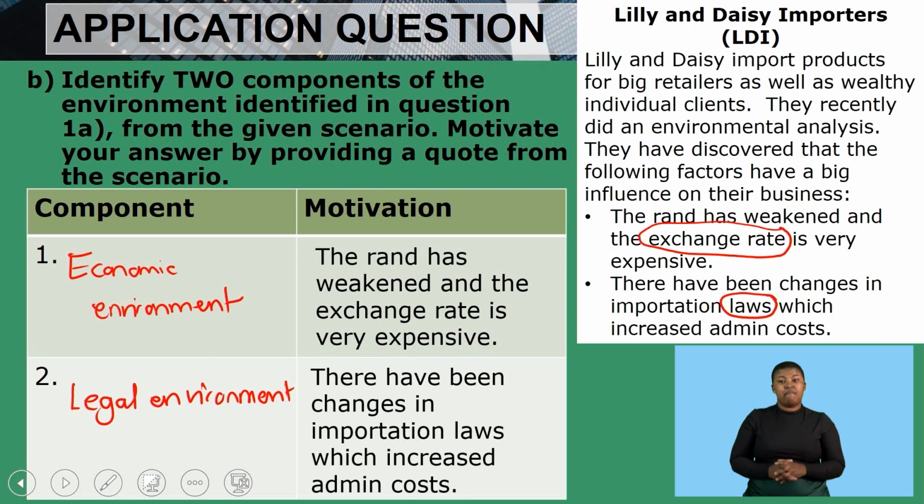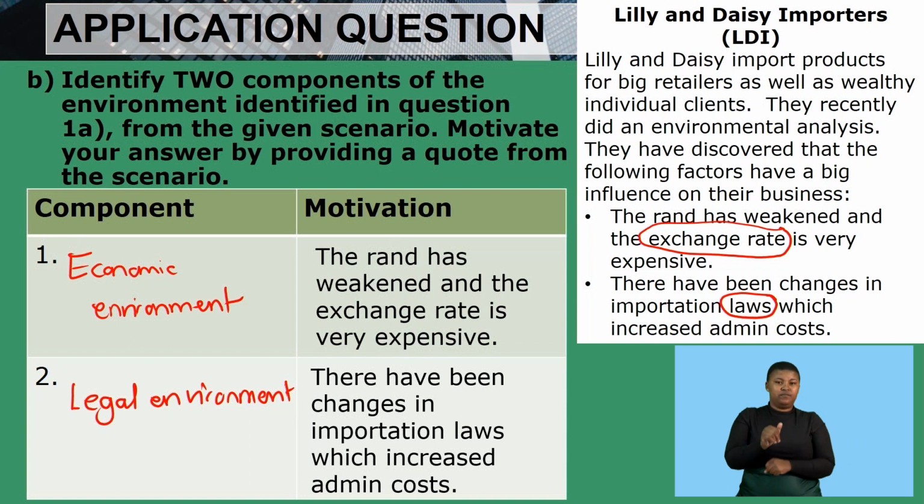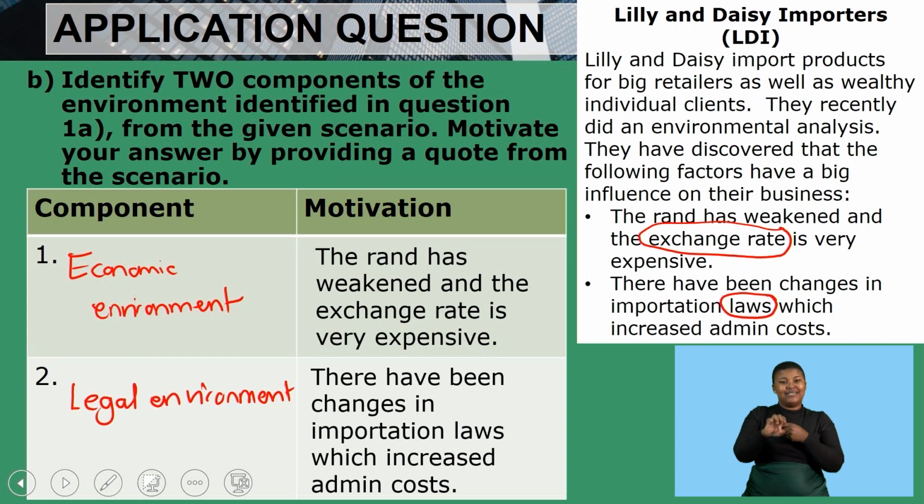So the whole bullet must be quoted in our motivation: there have been changes in importation laws which increased admin costs. So there we have identified the two macro environment components from the given scenario, plus we have motivated by quoting from the scenario. So that's our first application question.